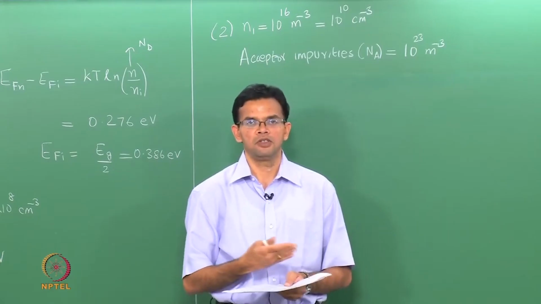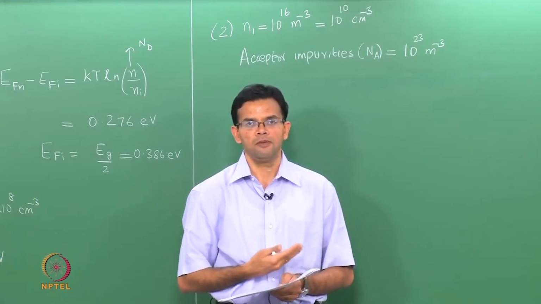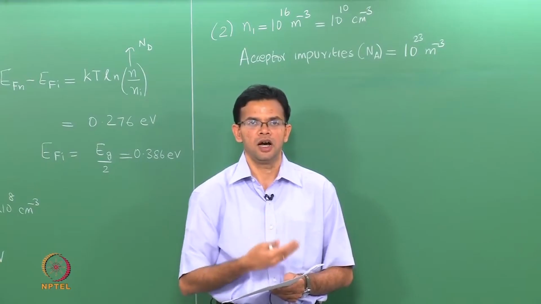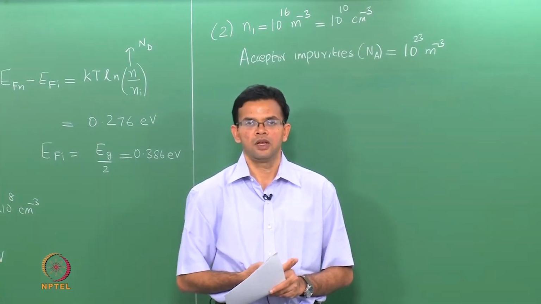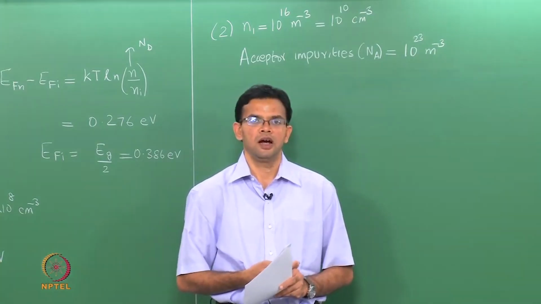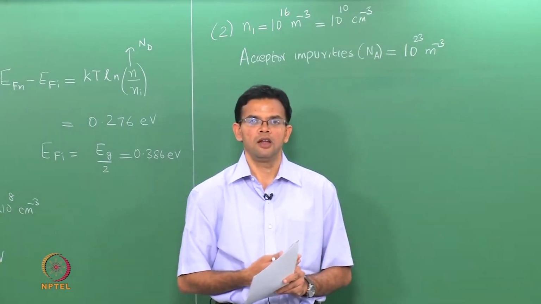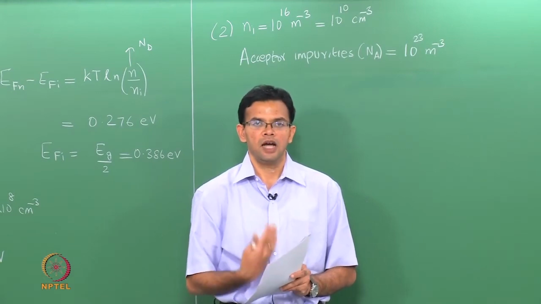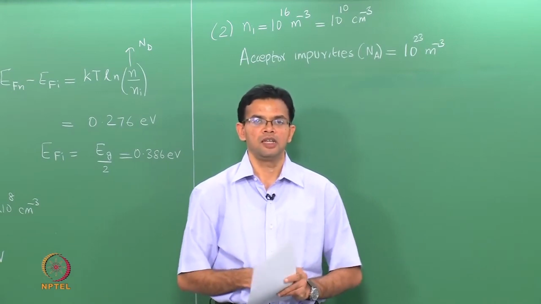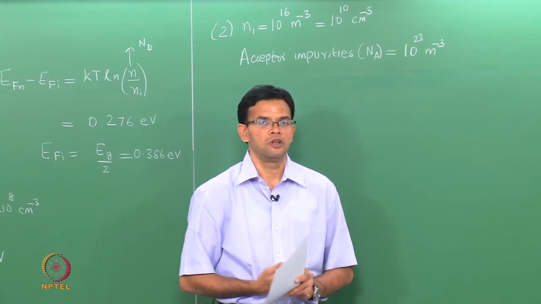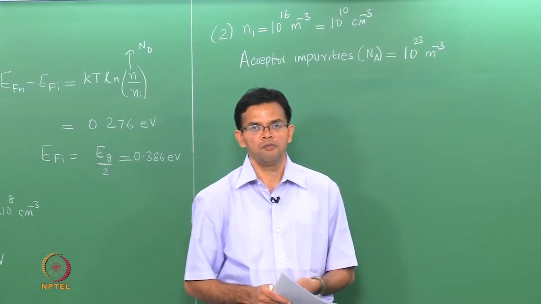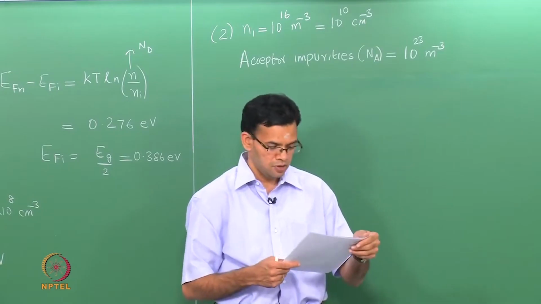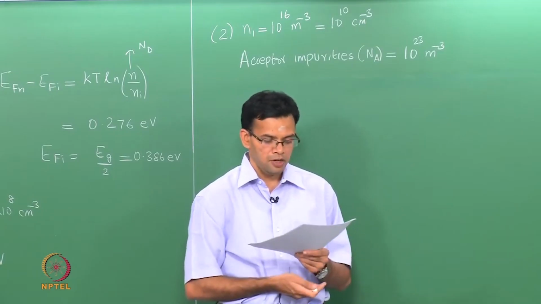If we think about silicon, donor impurities are phosphorus, arsenic, antimony, which donate the extra electron. Acceptor impurities are elements like boron, aluminum and gallium, which accept the extra electron from silicon and create a hole. So, acceptor impurities produce excess holes, donor impurities produce excess electrons. So, we have acceptor impurities.